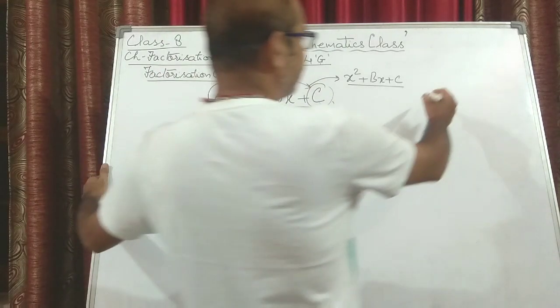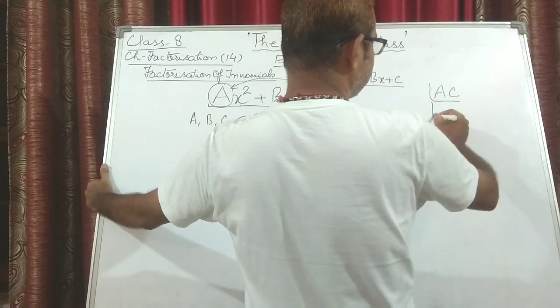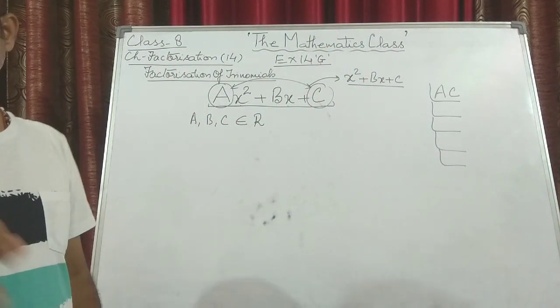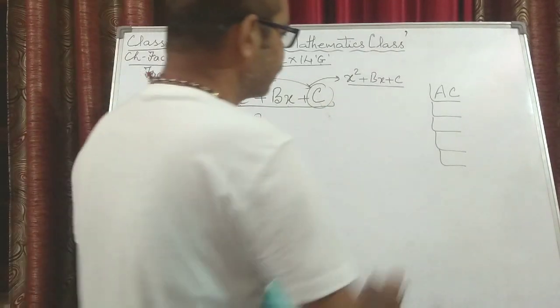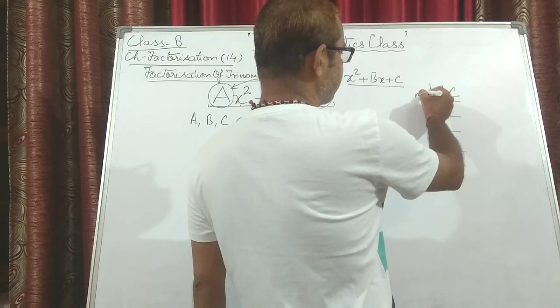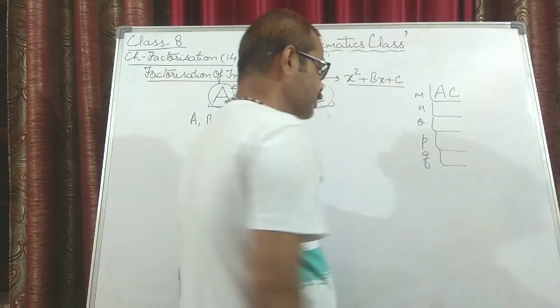Then we get ac. Now this ac is factorized by the normal method. We will get some factors m, n, o, p, q like this.